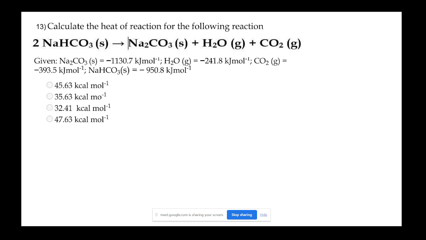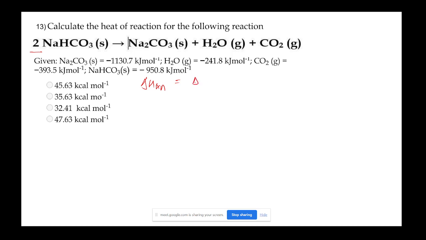Next question is, calculate the heat of reaction for the following reaction. So similarly, as in the case of the earlier question, delta H reaction: now here the stoichiometric coefficient for the reactant is 2, otherwise it is 1 for each.